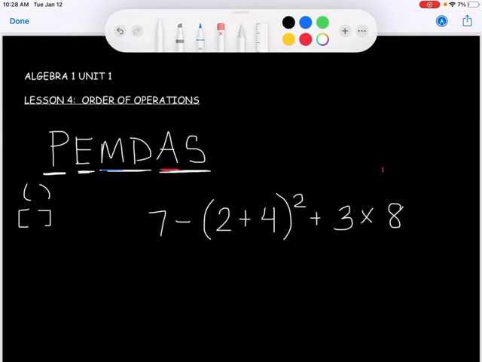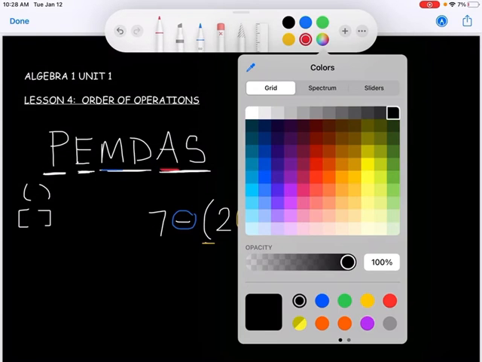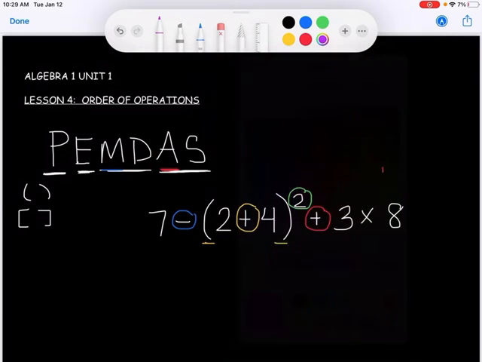Okay, so let's look at all of our operations. We've got a subtraction, we've got addition in here, but those are in parentheses. We've got an exponent. We've got another addition here, and we've got multiplication right here.